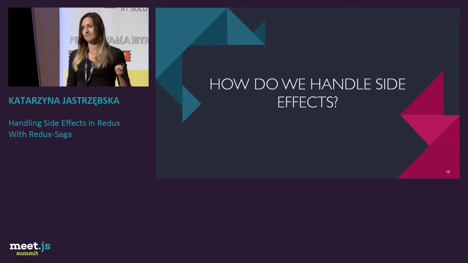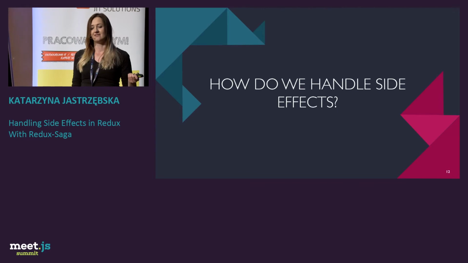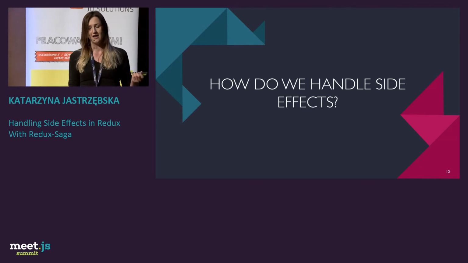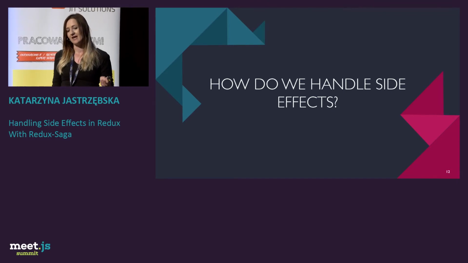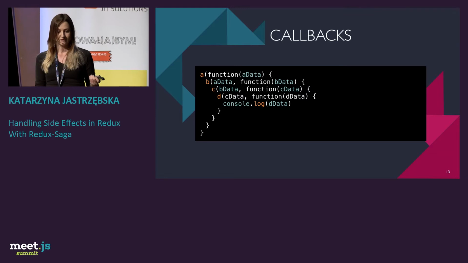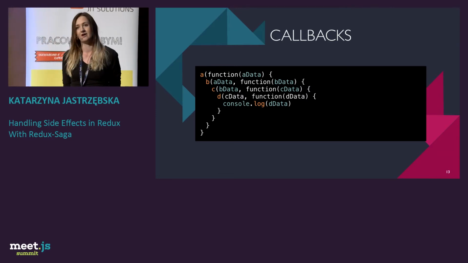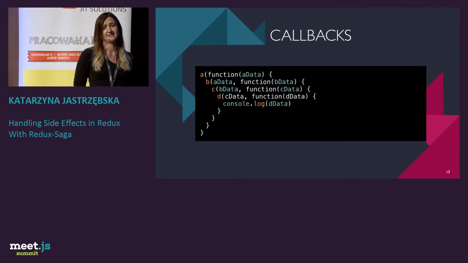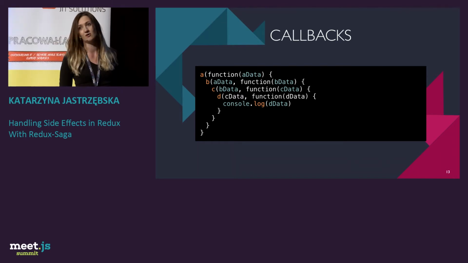So how do we handle side effects right now? Because we have multiple ways to do that, and one of them, the simplest one, is callbacks. And of course, as you see in the attached picture, what is the possible danger of callbacks? Yeah, the callback hell.